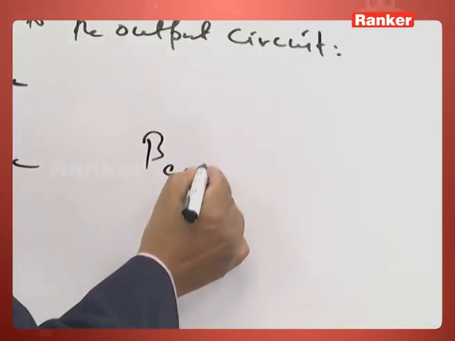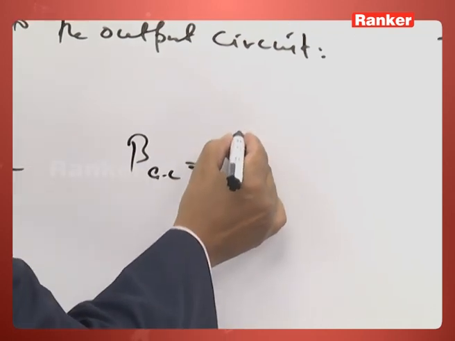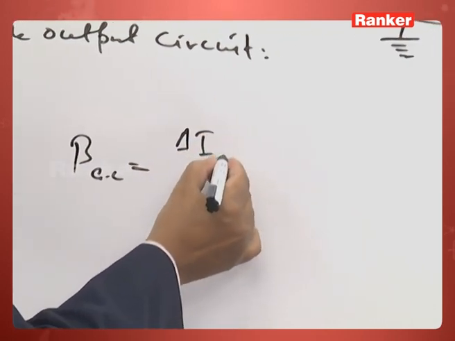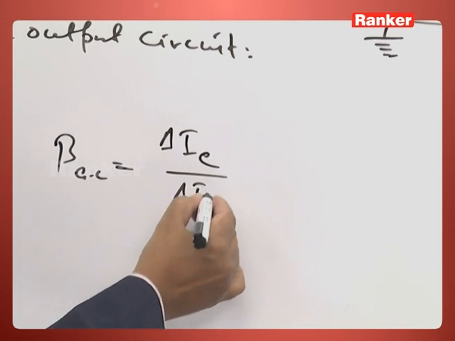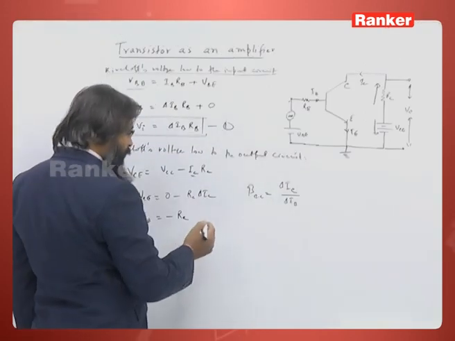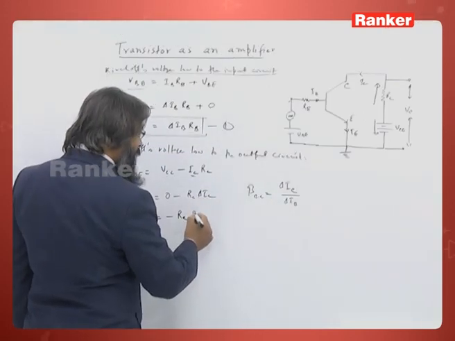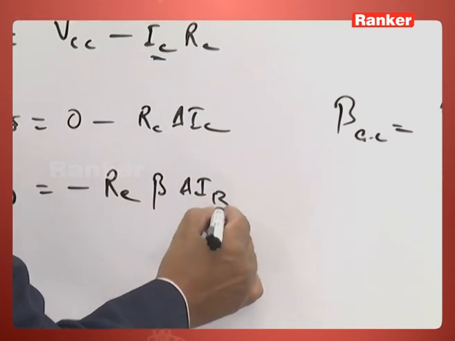Beta AC is defined as delta IC by delta IB, the base current. So this is simply beta times delta IB.